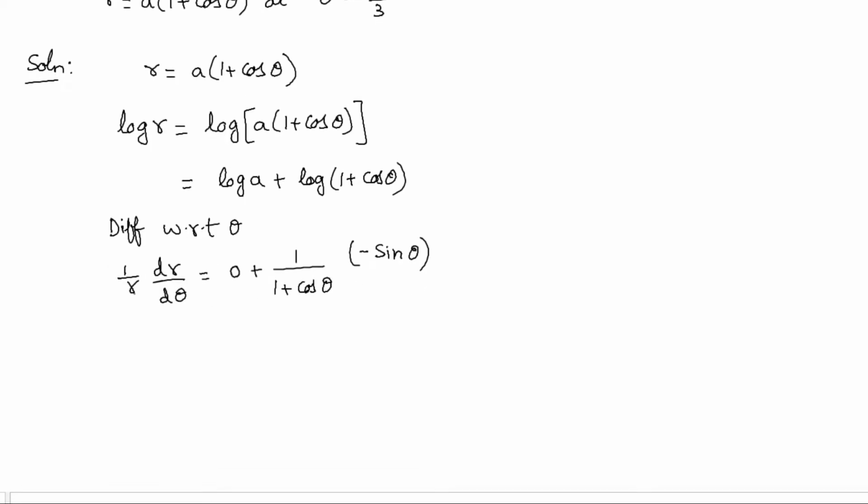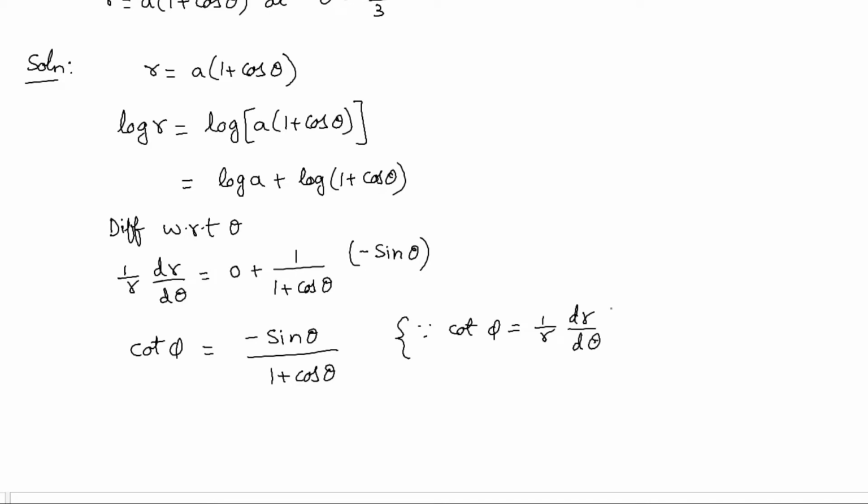The value of 1 by r dr by d theta is nothing but cot of phi, and here you have minus sin theta divided by 1 plus cos theta. Since we know that cot of phi is nothing but 1 by r dr by d theta, in this step we have replaced the value of 1 by r dr by d theta as cot phi.